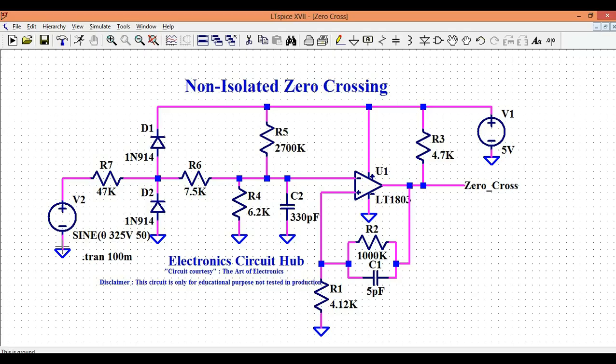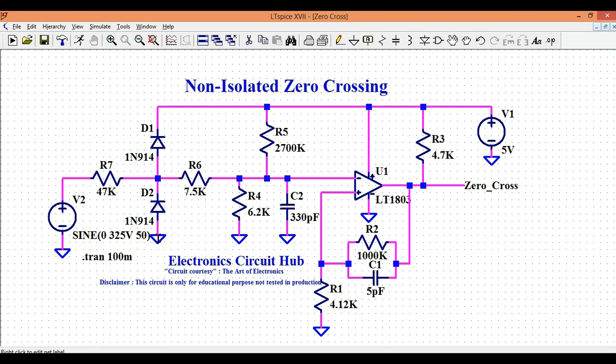Now let us understand the circuit flow. This is my sine signal with a peak amplitude of 325 volt at 50 hertz. Then I have the current limiting resistor R7, and then the two diodes D1 and D2. The positive is connected to 5 volt and the negative is connected to the same reference.